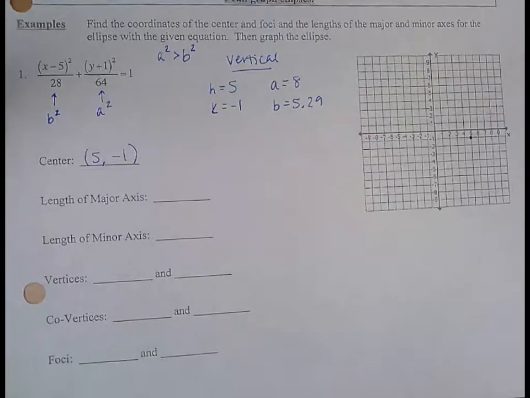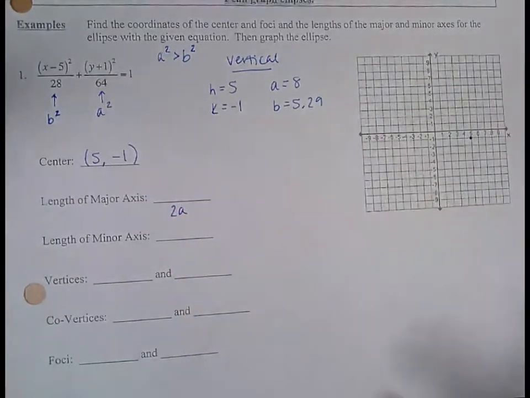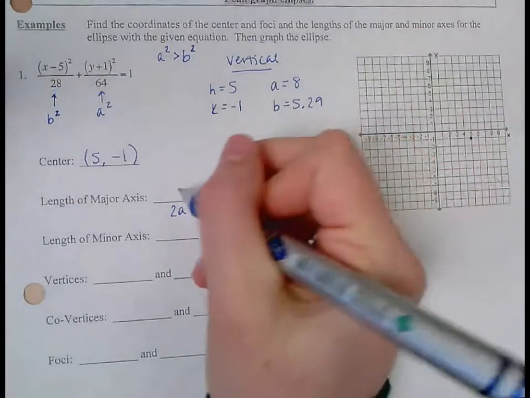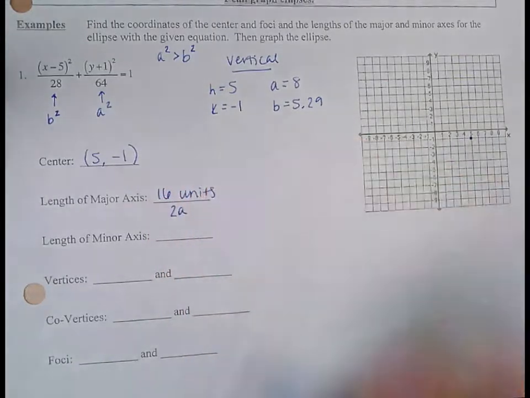So center is HK. The length of the major axis, looking at your formulas, is 2 times A. And if A is 8, that means the length of the major axis is 16 units long.